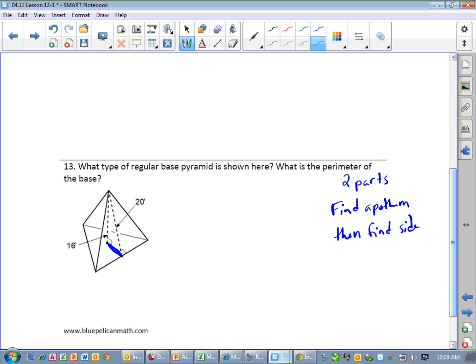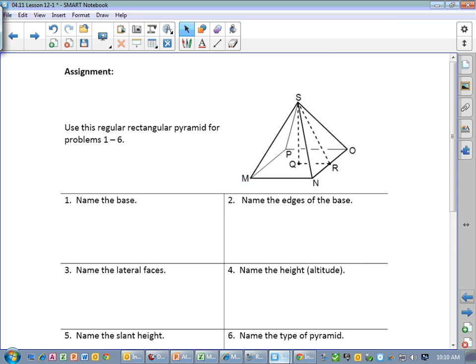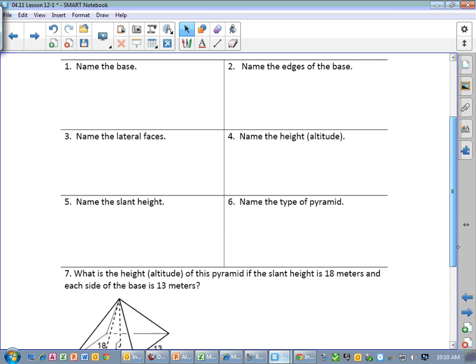The bottom here isn't just a triangle, it's regular. And so then you may recall, if we draw this angle here, it is 30 degrees. So if we know the apothem, we can find the side length, and then use that to find the rest. That's it. Okay, so you should start with number 1, identifying stuff, and work through.